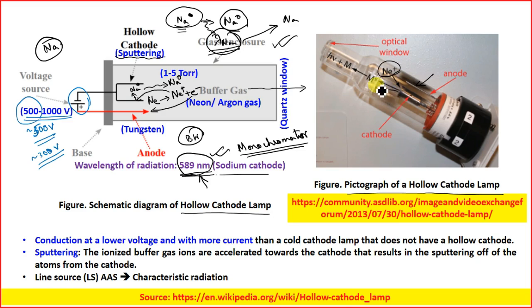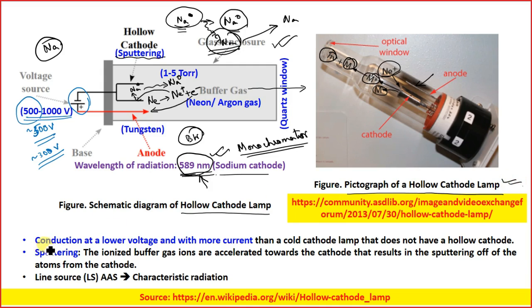The metals are getting out at the excited state, and they emit radiation and go to the low energy state. Okay, I hope up to now you have understood what I meant to say.